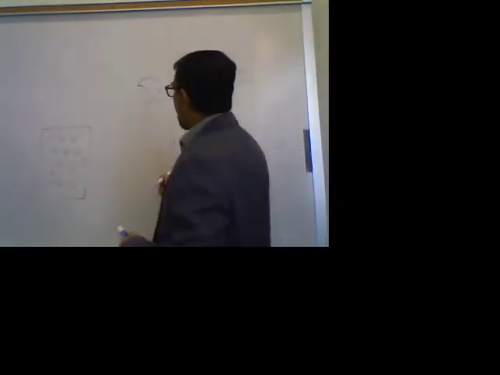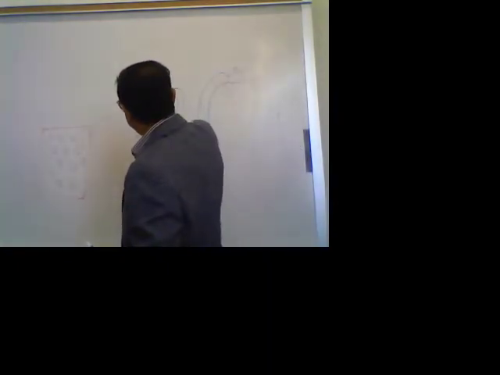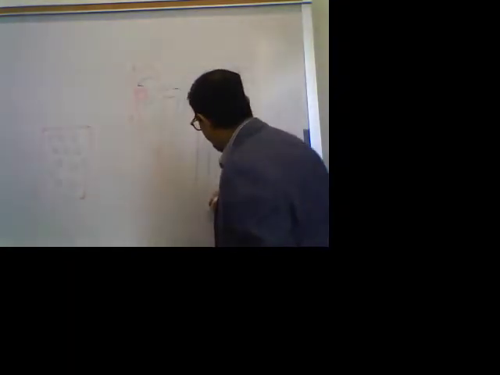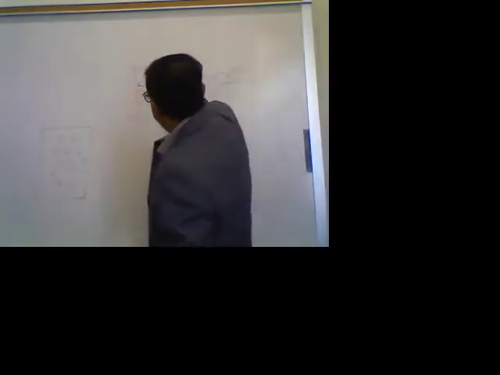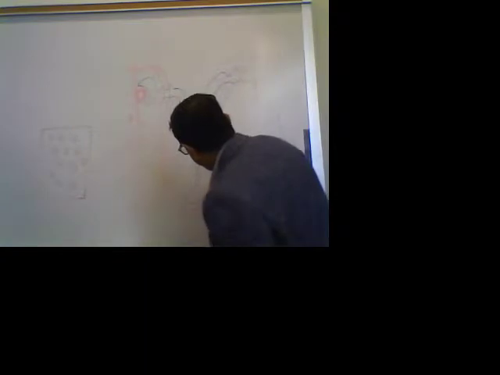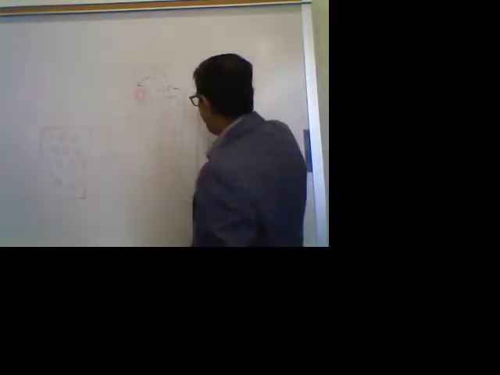Okay, so this is the nephron, you already know, and this is the glomerulus, all these you know, afferent arteriole, efferent arteriole, okay, and that efferent arteriole goes like this along the loop of Henle.